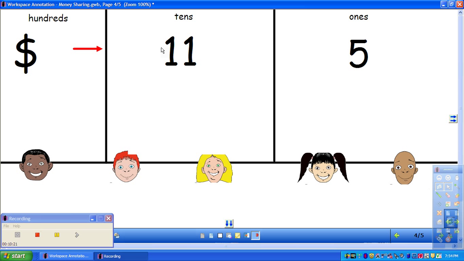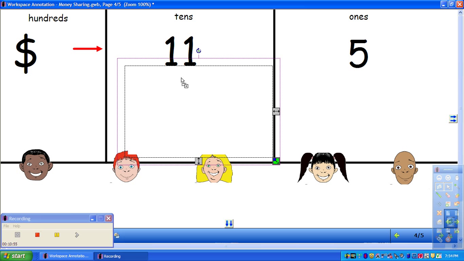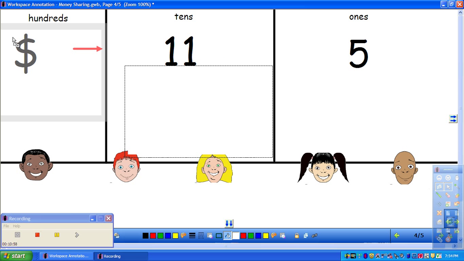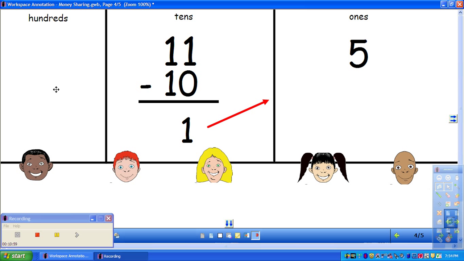Do we have enough tens to give everybody below a 10? Well, yes. If we have 11 tens and there are 5 people, how many tens can I give each person? Well, I know 5 times 2 is 10, so I could give him 2, I could give him 2, and so on. So let's do that. If I give out 10 of my tens, it will leave me with 1 10 left.